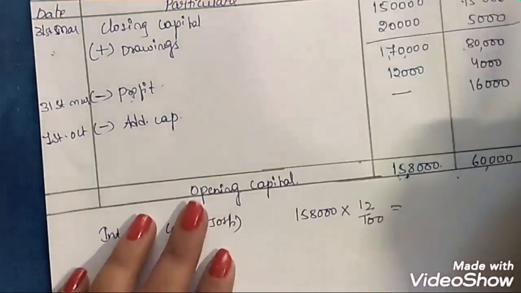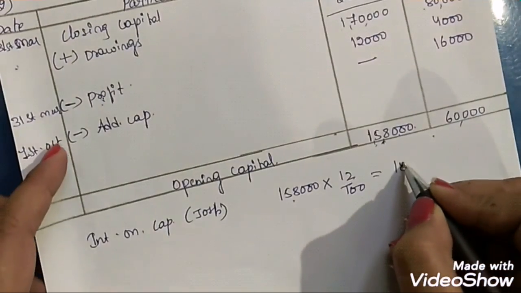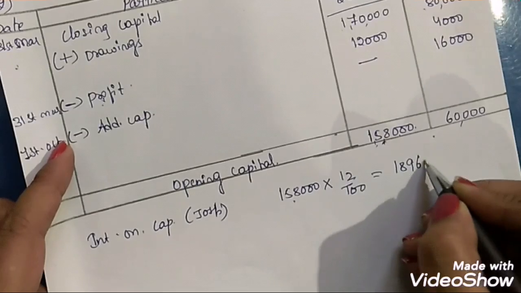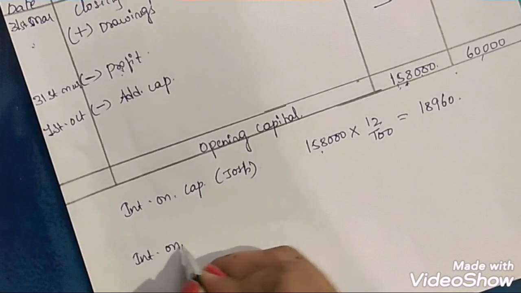So 12% of 1,58,000 would be rupees 18,960.